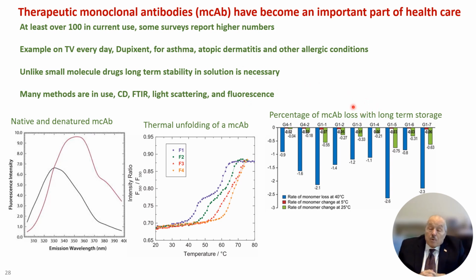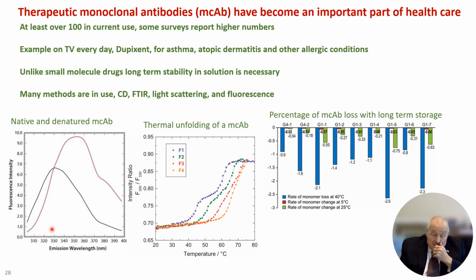But in order to use these therapeutic antibodies, you don't just swallow them because you'll digest them. You have to inject them into yourself. They might sit around your house for a long time before you get around to injecting them. Long-term stability is a problem.